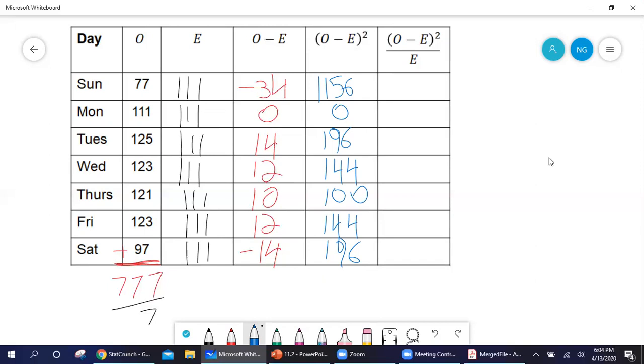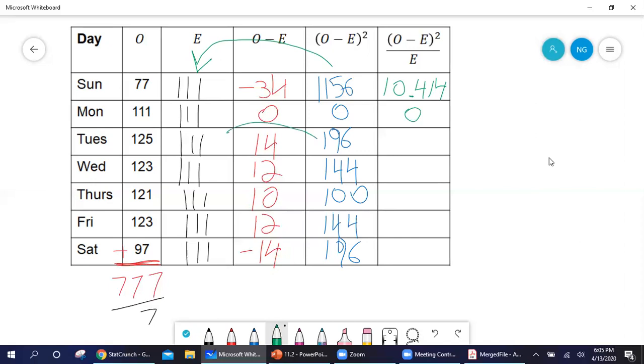And for the next step, I divide every one of those blue numbers by the expected, which the expected every time for this is 111. I'm going to carry these out to 3 decimals each. So the first one will be 1156 divided by 111. And that's going to give me 10.414. The second one's 0.